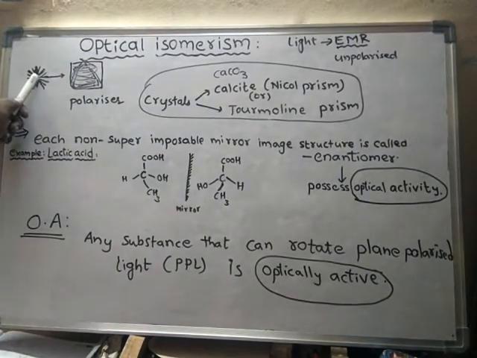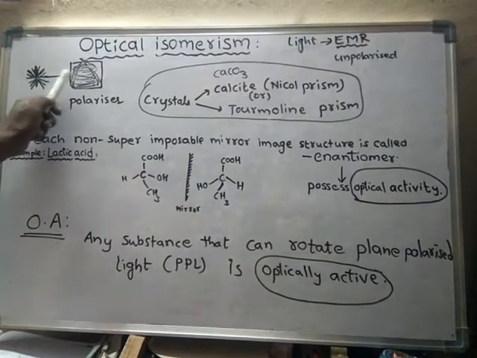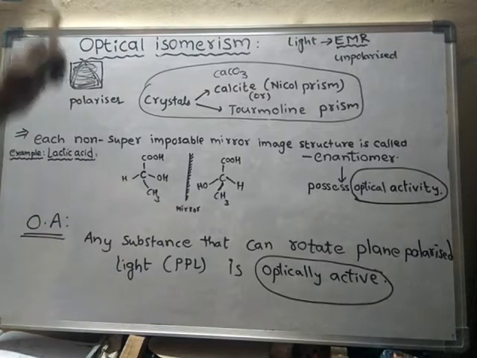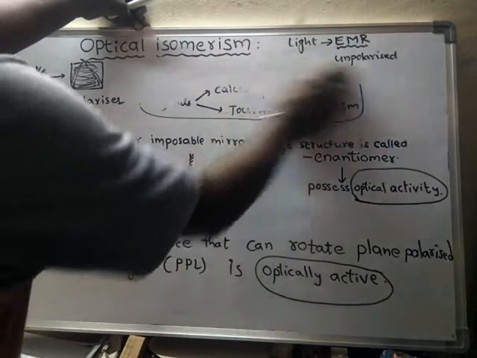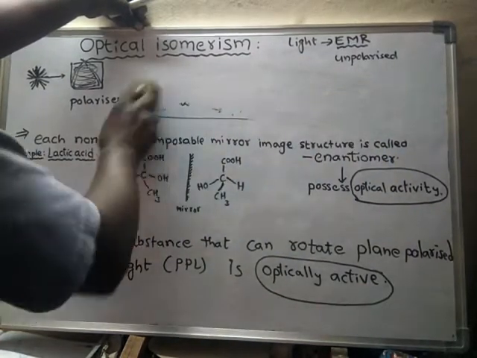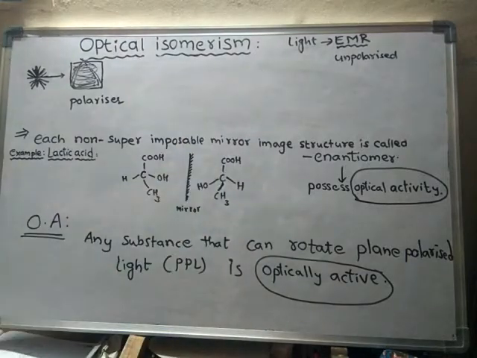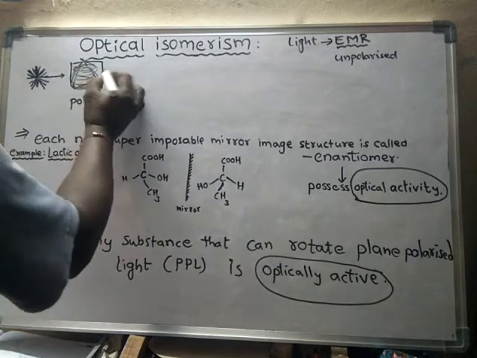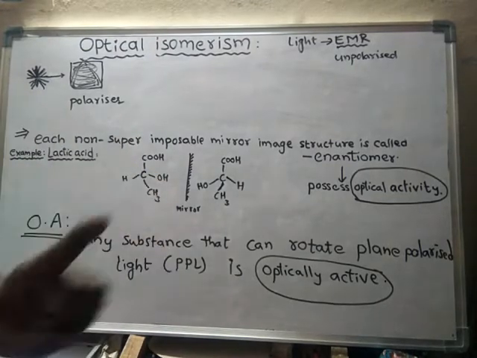So what happens when normal light, or ordinary light, or unpolarized light is passed through the polarizer? This polarizer will filter all the other planes except for a single plane.